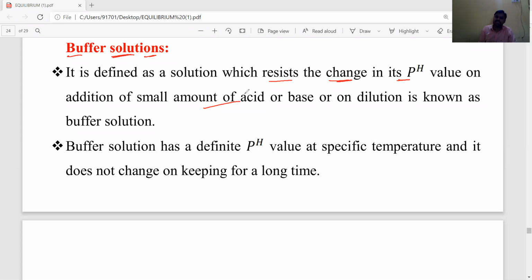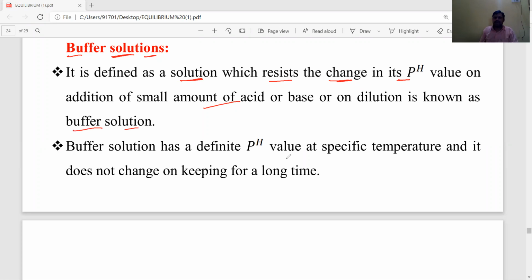Such solutions are called buffer solutions: the solutions which resist the change in pH value by the addition of small amounts of acids or bases or on dilution.